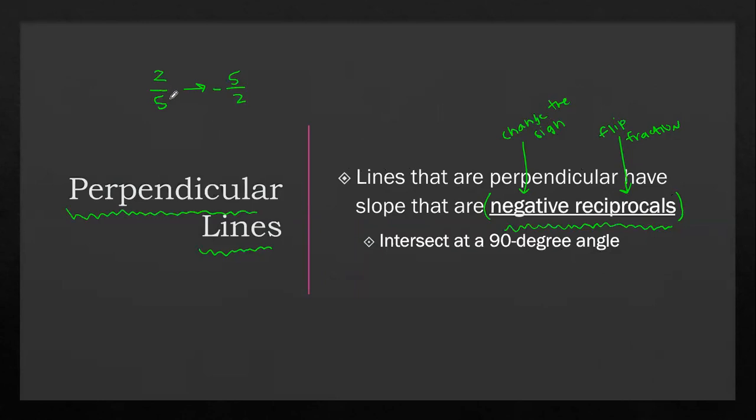So 2/5, the negative reciprocal will be negative 5/2. But if it was negative 2/5, the negative reciprocal will be positive 5/2. So negative says change the sign. Reciprocal means flip the fraction.